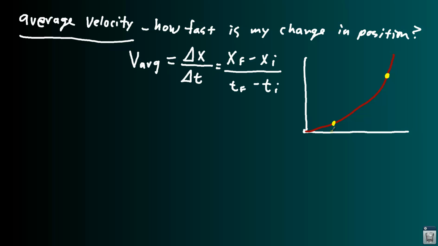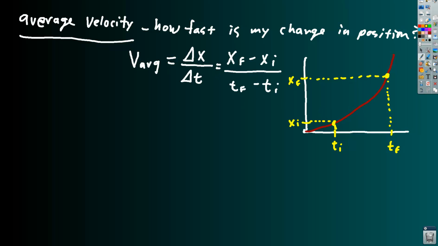So position-wise, this is our x initial and this is our x final. Time-wise, here is our time initial and here is our time final, right? Just basically lining them up here like that. So you find these values on your graph and you subtract them and you get your average velocity.